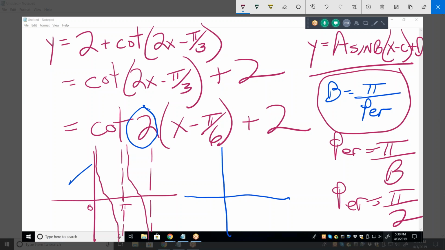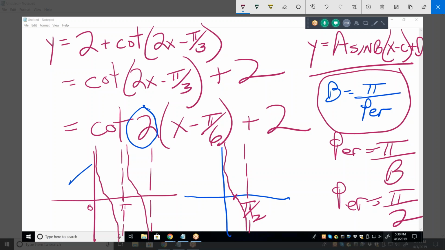So instead of going from 0 to pi, I'm going to let it go from 0 to pi over 2. I'm going to put my vertical asymptote there, and cotangent's going to go like this, with that point being pi over 4 comma 0.